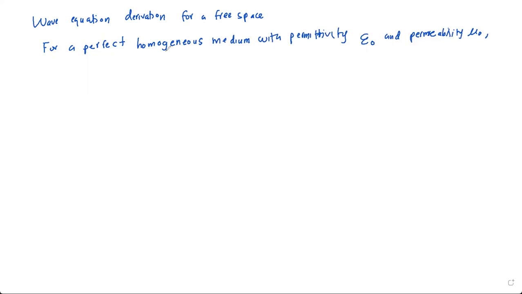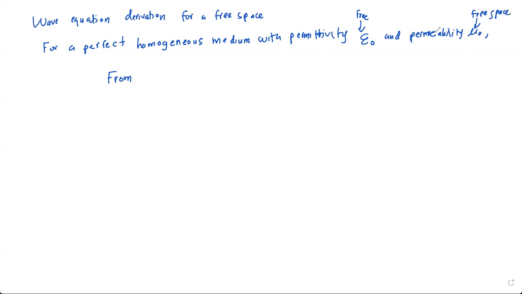So we are going to consider a homogeneous medium where the composition of the medium is equal in every part of the medium, and we consider that the permittivity is epsilon naught and permeability is mu naught. The value of epsilon naught defines the permittivity of free space, and mu naught means the permeability in free space.